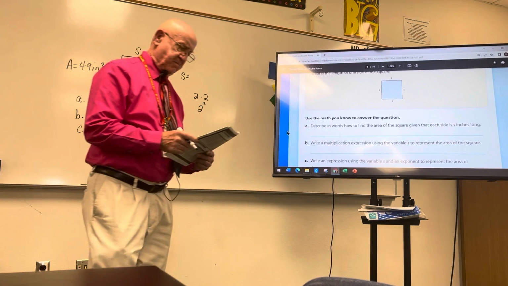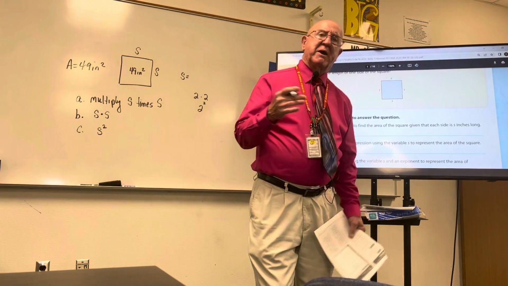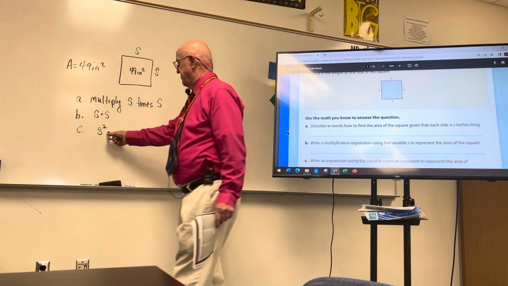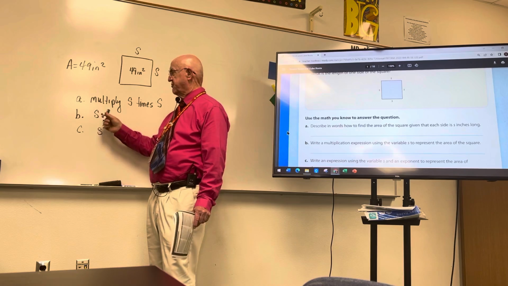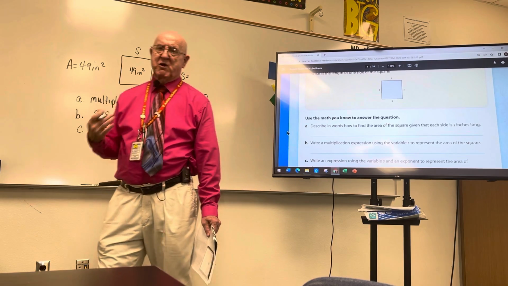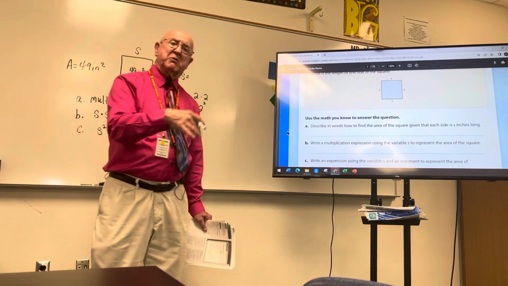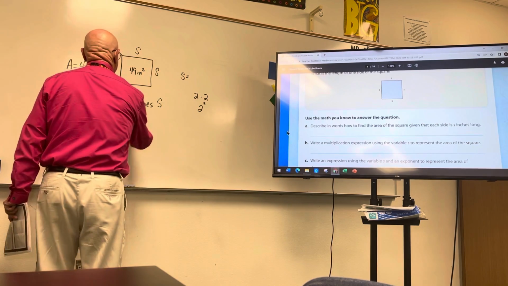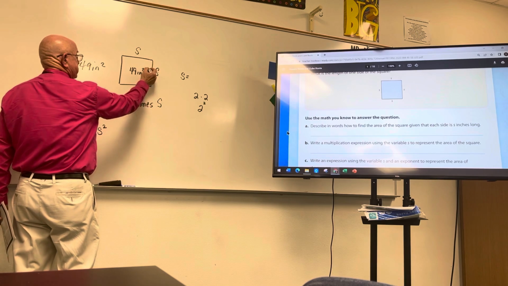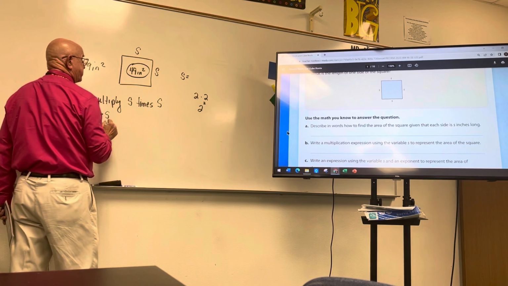But now we need to write an equation. This is just an expression. This expression just says that I'm multiplying s times s. But now we want an equation, and equation means something is equal to something. In this case, s squared, s times s, is going to be equal to the area of the square.